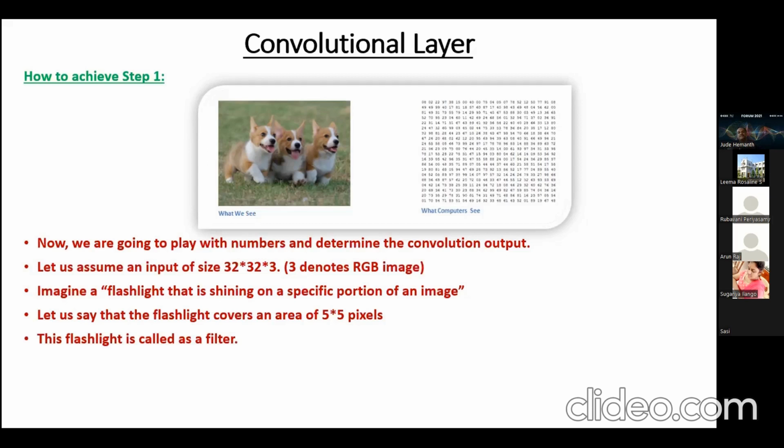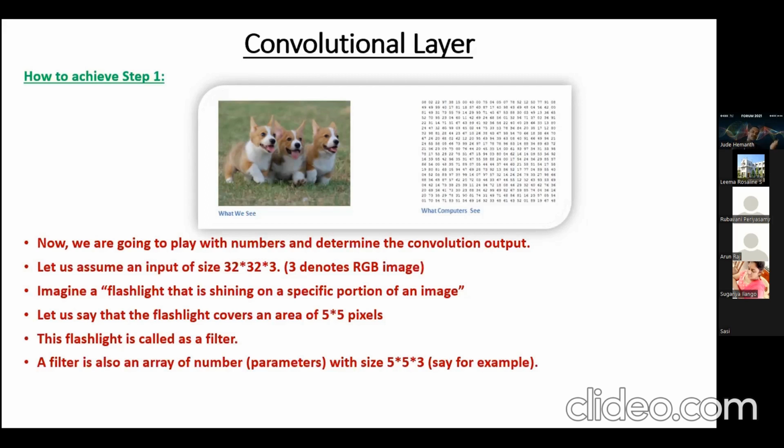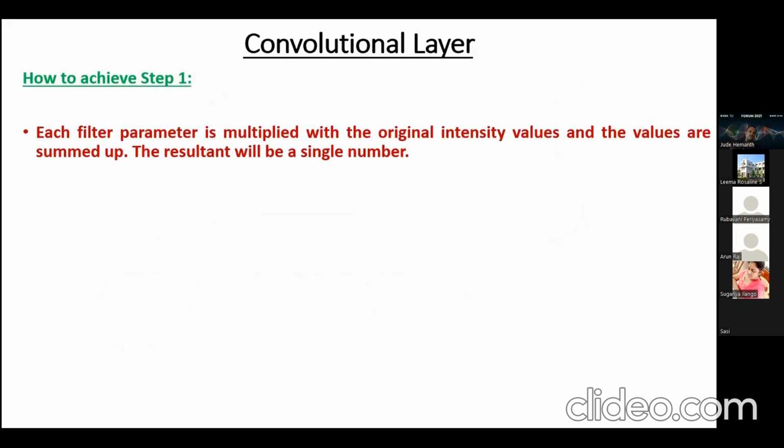That duplicate image, technically, we call it a filter. If you have written some code in Python on CNN, then you would have come across this word called filter. So when the filter is overlapped with the original image, there will be some processing by which I'm going to get only a small portion of the room.